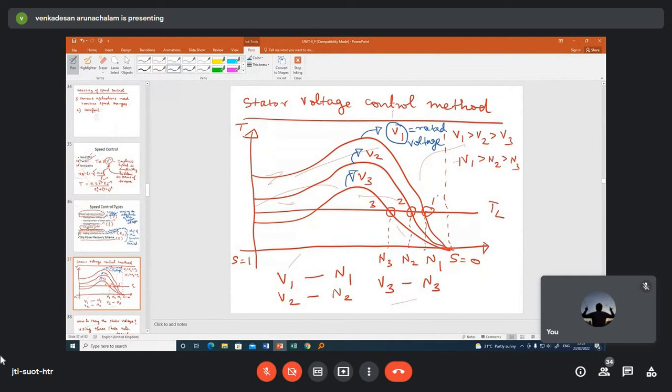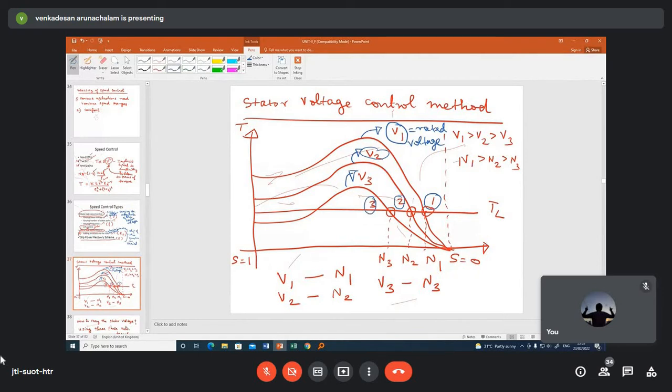The operating point corresponding to V2, let me take as 2, and the operating point corresponding to V3, let me take as 3.